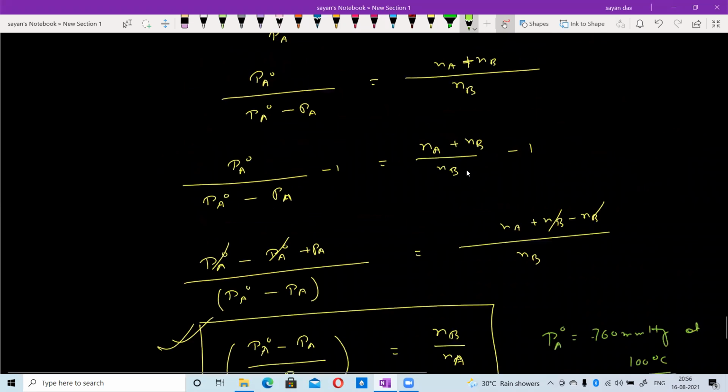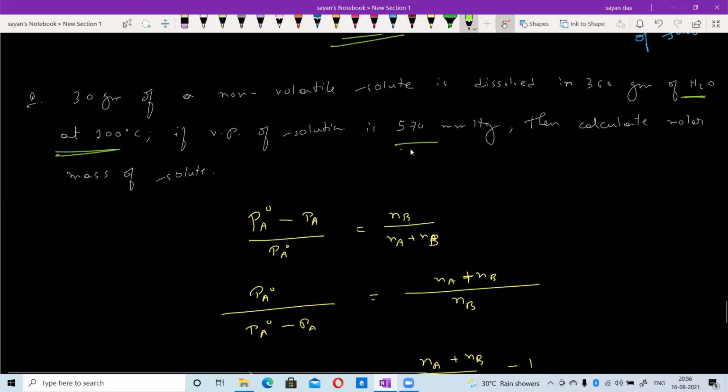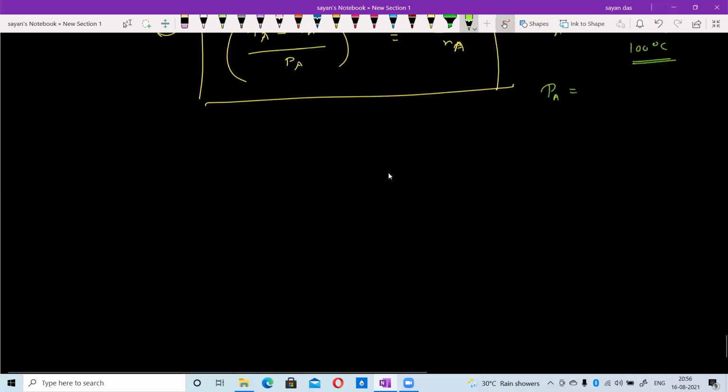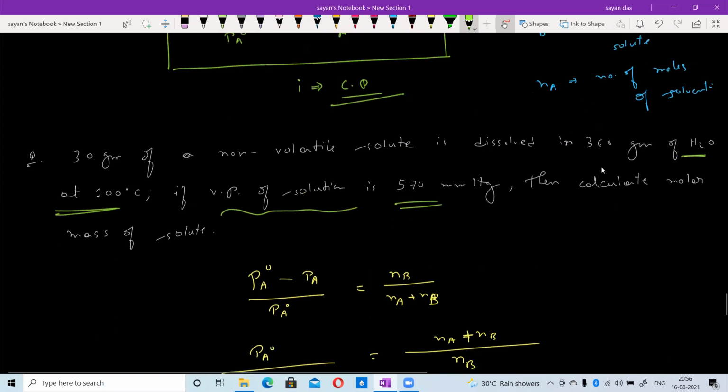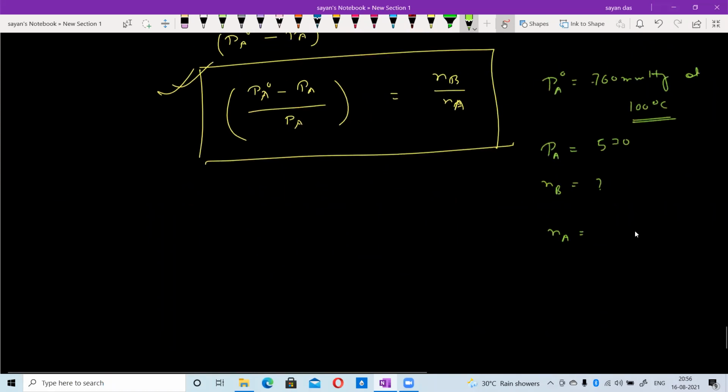It is given in the question: vapor pressure of solution, which is 570 mm of Hg. Now find out the NB value. What will be the NA value? 360 gram of water, that means given mass by molar mass, 360 by 18, so NA is 20.